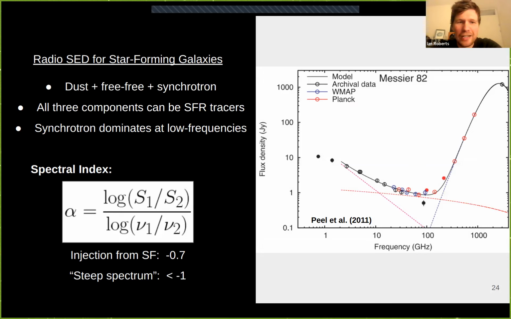Just a brief aside on the radio SED for star-forming galaxies. I'm showing the SED at radio frequencies for M82, a nearby starburst galaxy, on the right.